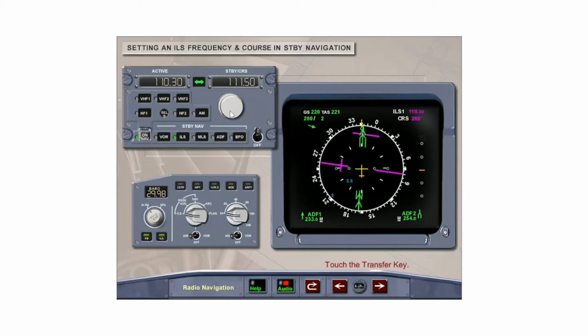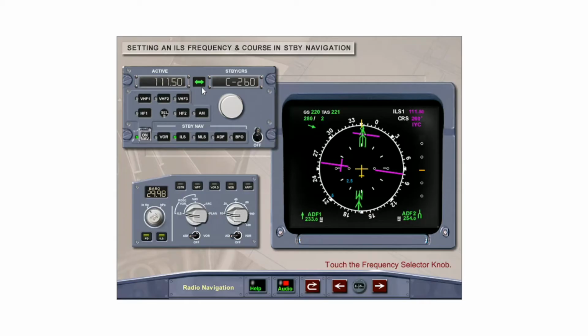Next, touch the transfer key to transfer the selected frequency to the active window and tune the ILS. The standby course window now displays the last active course. The nav display now displays the new frequency and the old course.